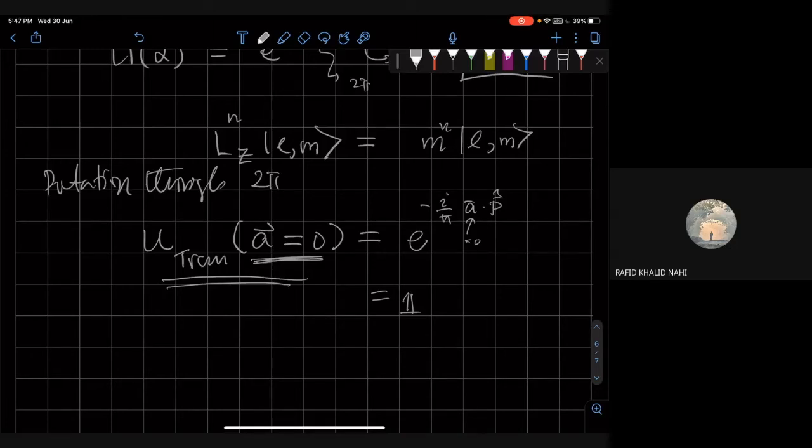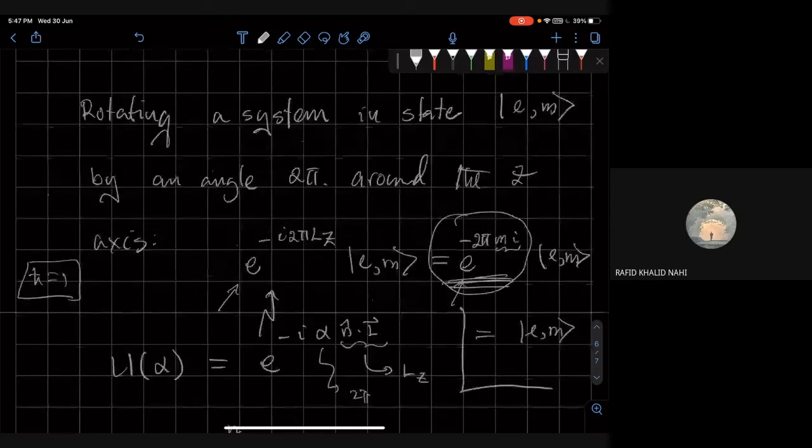So that operator should be the identity operator, right? Is that clear? I'm still kind of processing what's going on right now.